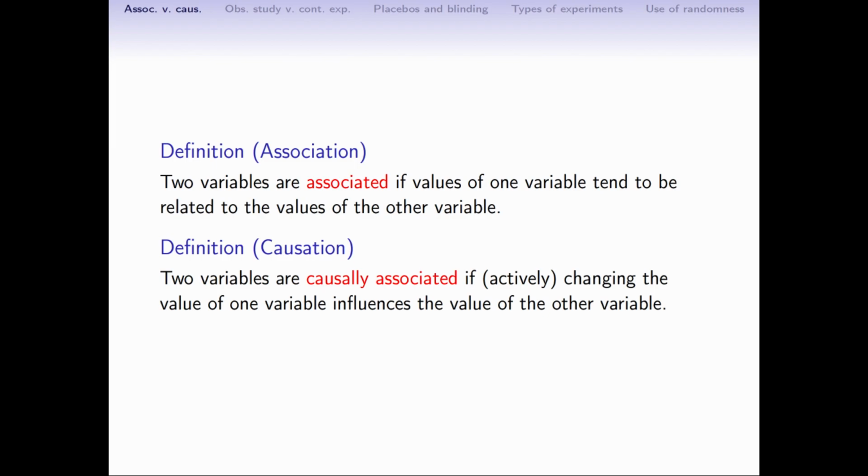So there's a notion of actively changing one of the variables that's very important in distinguishing causation from mere association. Now, we're going to look at some examples, and hopefully by the time we're done with that, we'll understand better how causation and association are alike and how they're actually very different from each other.